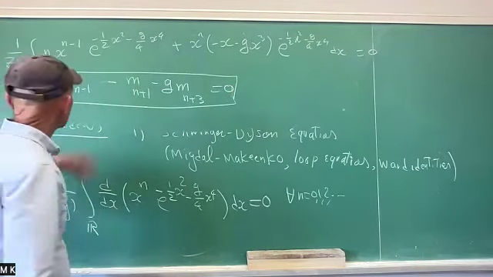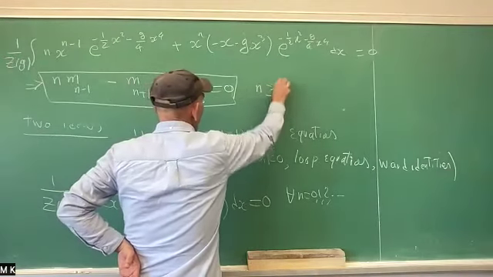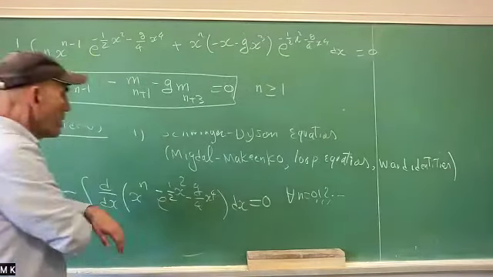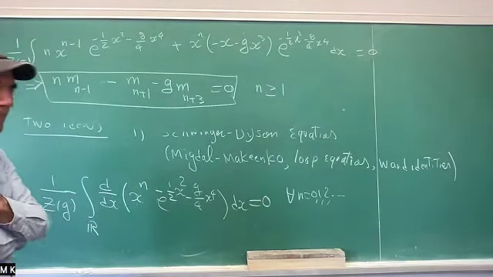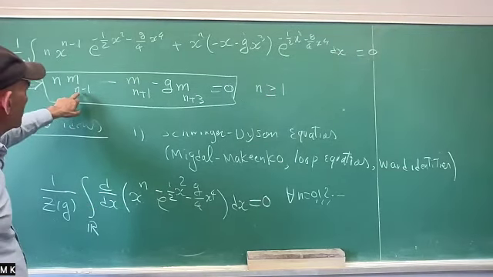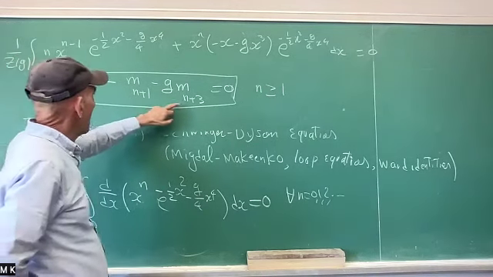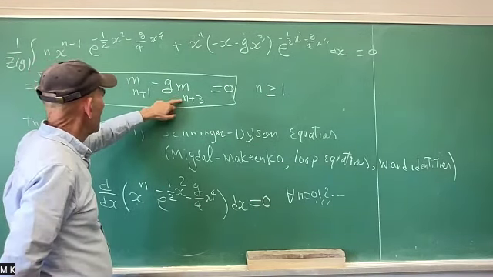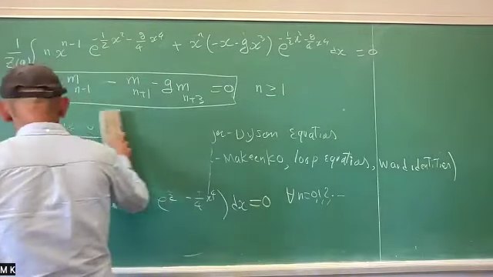So this is true for at least n bigger than or equal to 1. You agree with this? So it looks like we get a recursion between these values for n minus 1, n plus 1, and n plus 3.